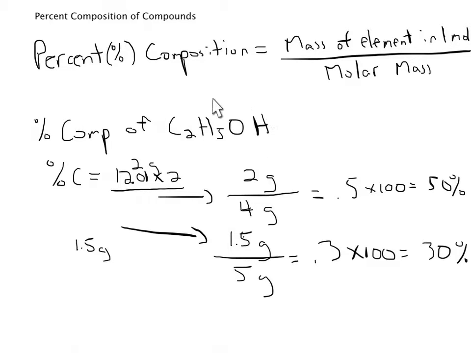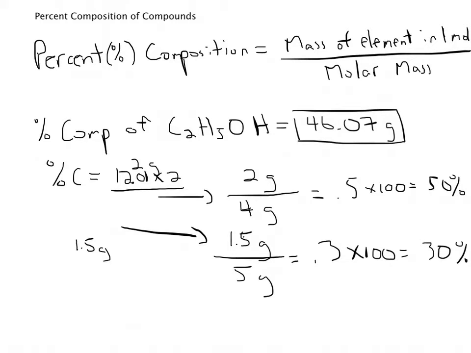So let's do that calculation first. We've got 2 carbons, 6 hydrogens, and 1 oxygen. And if you do the molar mass calculation for this compound, you get that this compound has a molar mass of 46.07 grams.